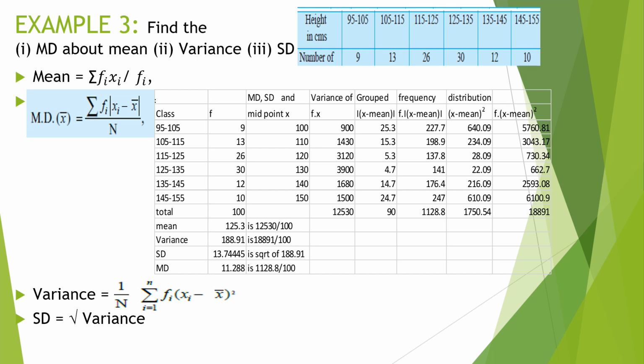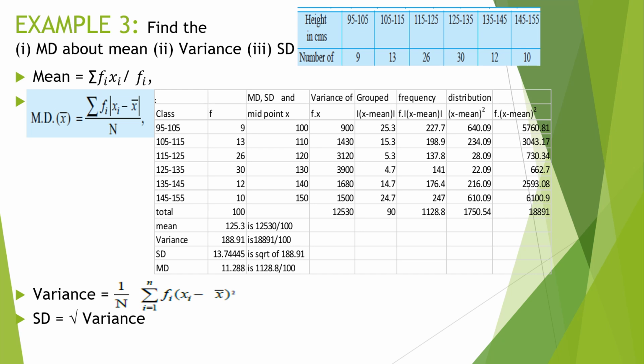Multiply that by the corresponding frequency. So for the first one, 640.09 into 9 is 5760.81. In this way, find it for all the classes and sum these values. When you sum them, it is 18891. So your variance is 18891 upon 100, or 188.91.